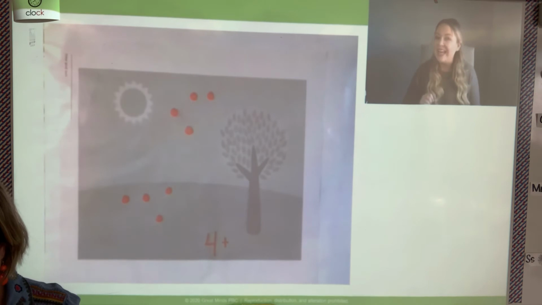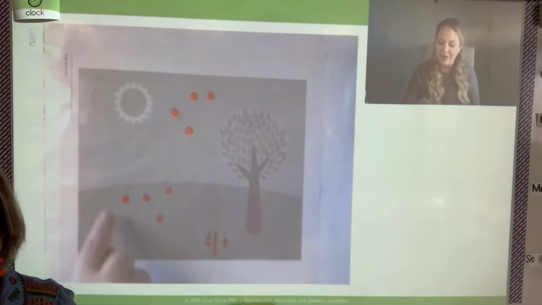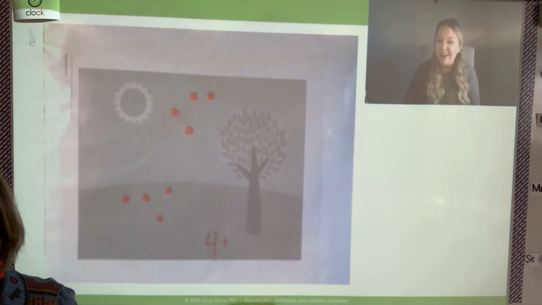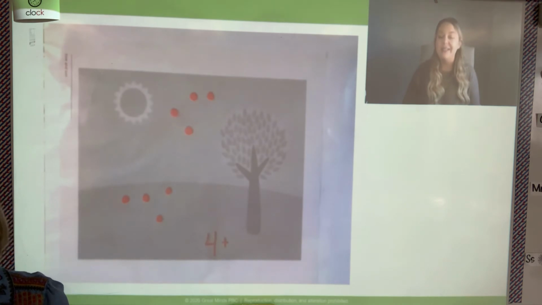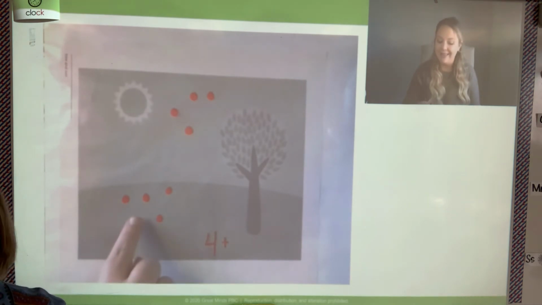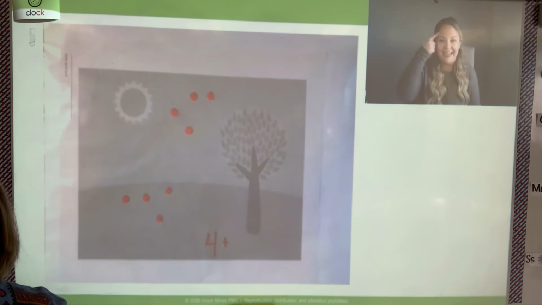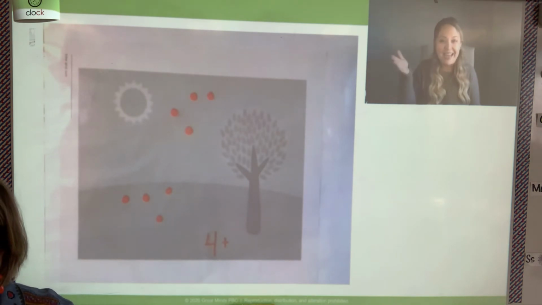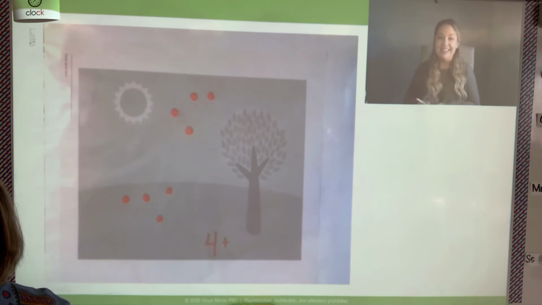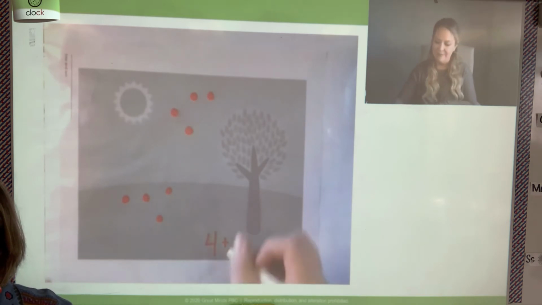Yes, we should add the robins that are on the ground, which is the rest of our robins. So how many robins are on the ground? Think about it. How many? 4. So let's add our other 4.